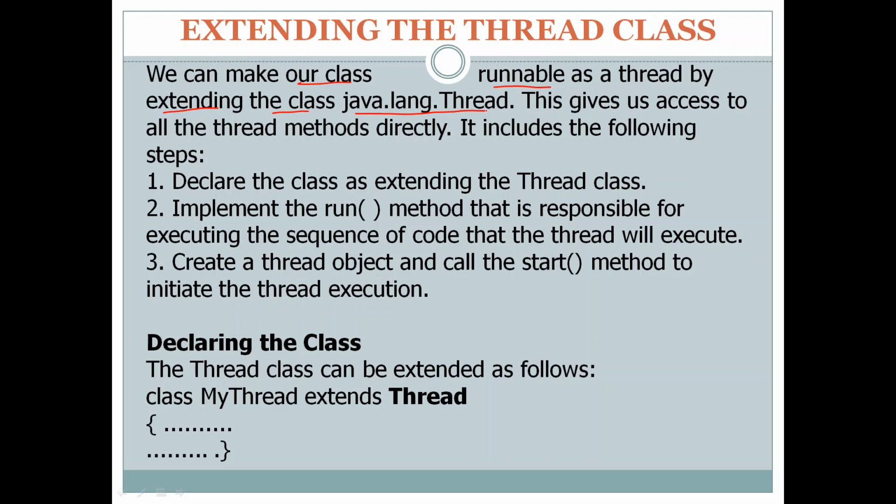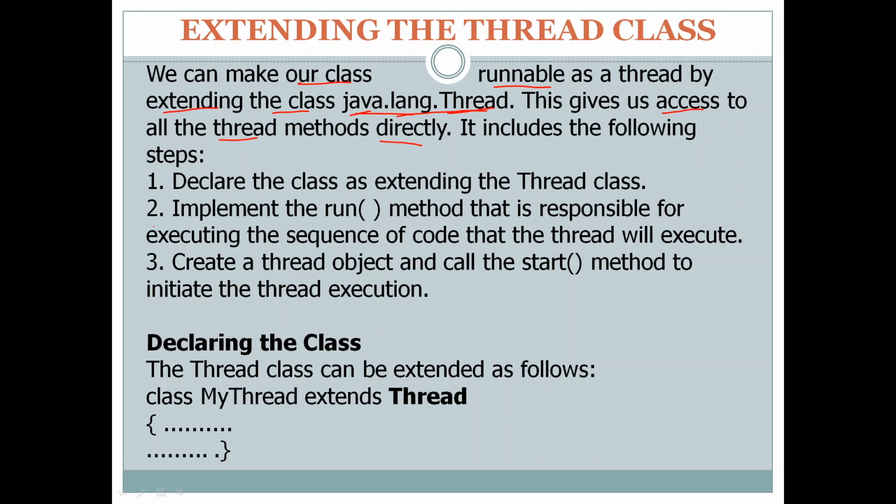So we can define a new class which extends java.lang.Thread. That means this Thread class belongs to the package lang, which again belongs to one more package, that is java. This gives us access to all the thread methods directly. So inheriting the Thread class gives access to the methods of the Thread class directly, and it includes the following steps.